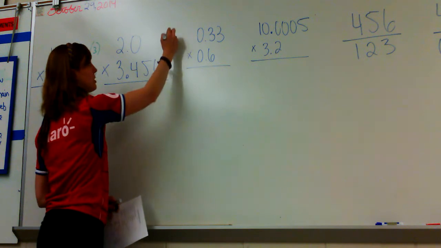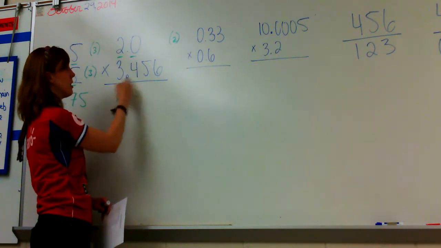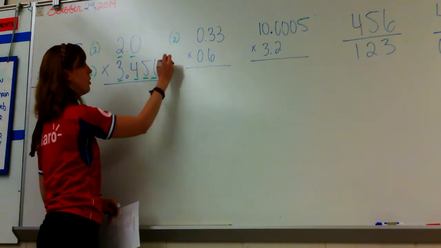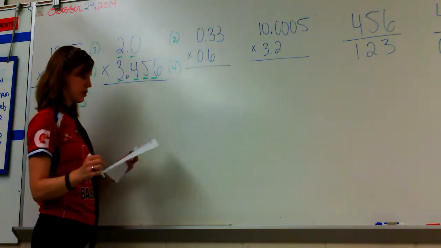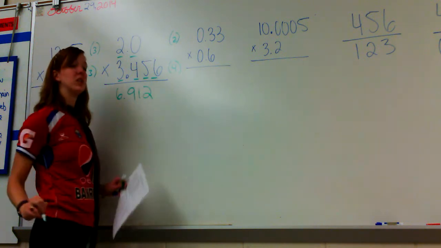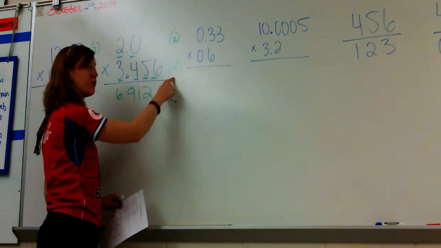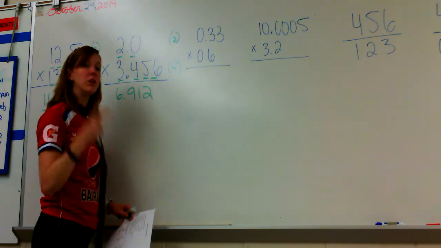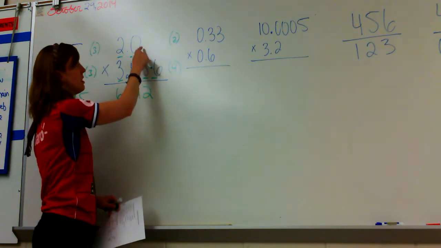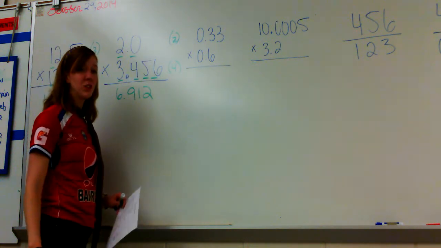Here, 2.0 has 2 significant digits, 1, 2. This has 1, 2, 3, 4 significant digits. In my calculator, when I multiply, I will get 6.912. Do I want 2 digits, or 4, or 6? No, I want 2. This is my worst measurement. 2.0, that's very little precision.